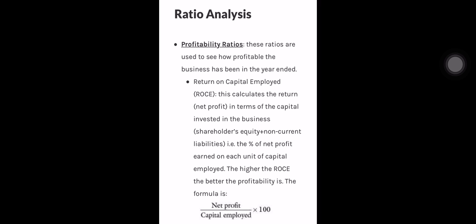We calculate the capital employed by adding the equity of the shareholders and the non-current liabilities. Non-current liabilities, of course, like the long-term loans. Okay, so the higher the return on capital employed ratio, it means that the business is doing better, or its profitability is good.